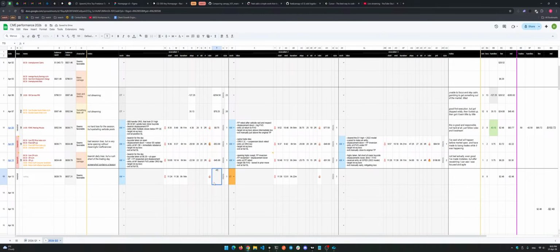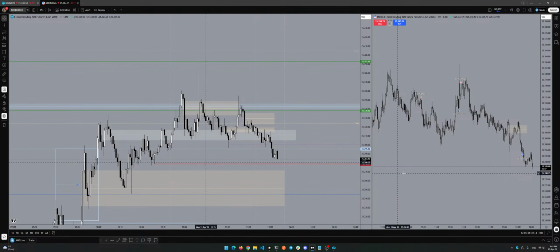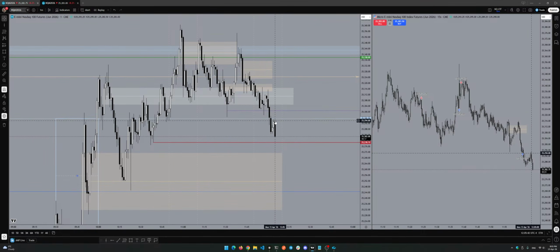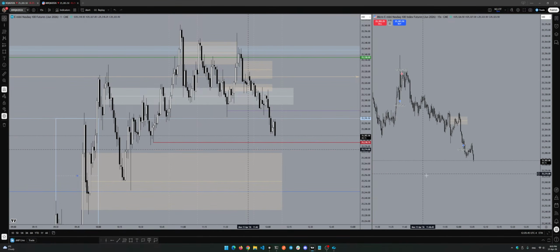41 and a half. Oops. Minus 41 and a half. Respecting the top of the opening range gap.